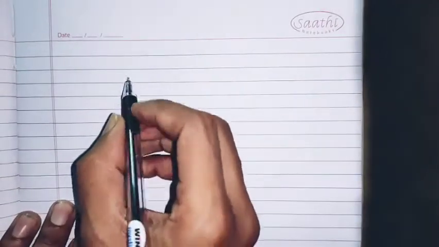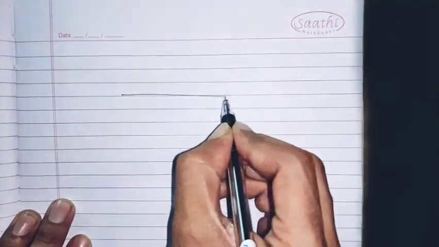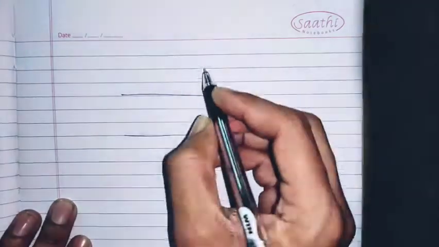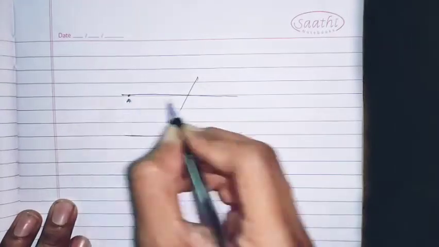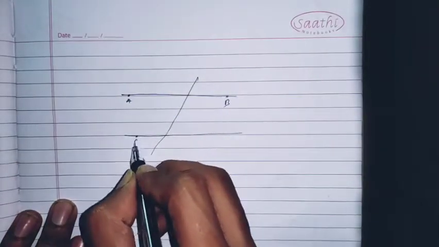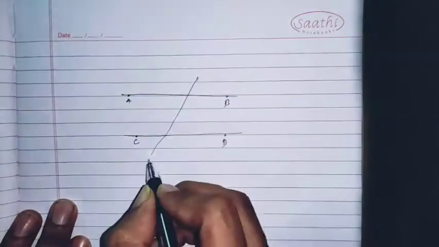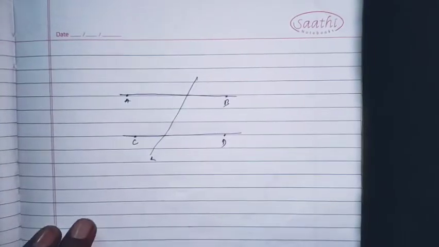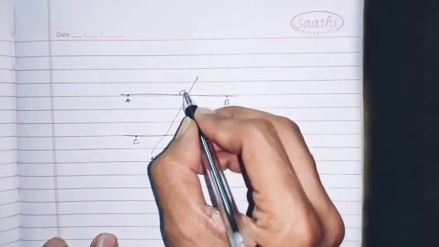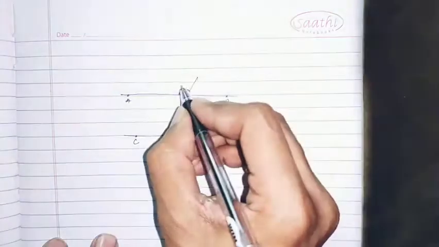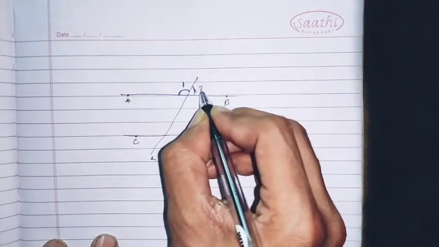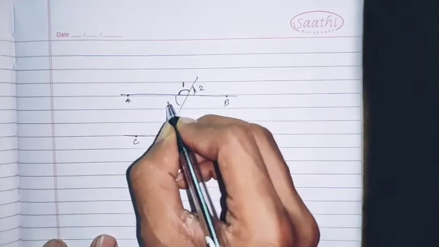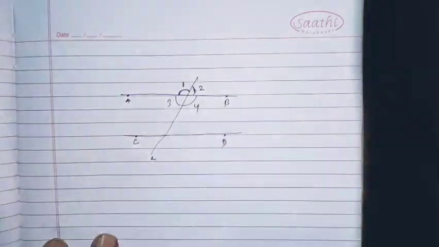Okay, so here I will repeat this diagram so that you can understand. This is A, this is B, this is C, and this is D, and here this is L. Angle 1, angle 2, 3 and 4.